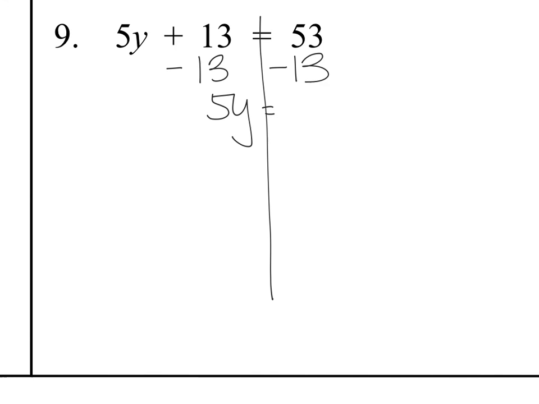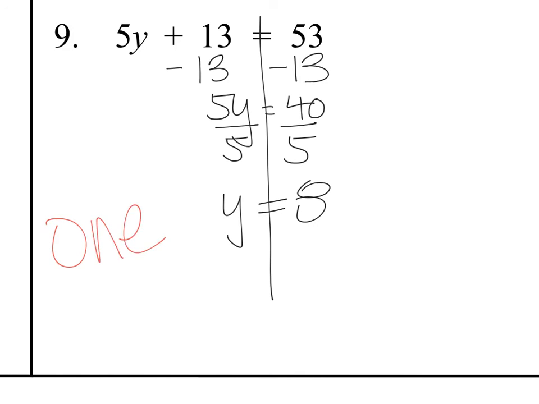So then I have 53 minus 13 equals 40. Divide by 5, divide by 5, y equals 8. That means if y equals 8, there is only one solution.